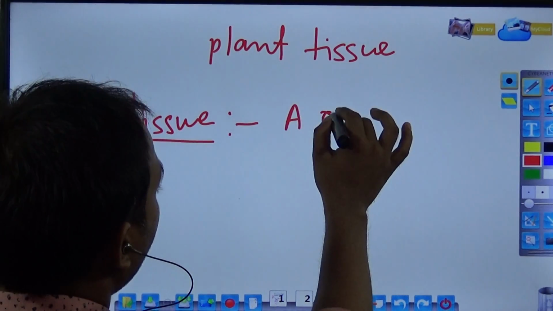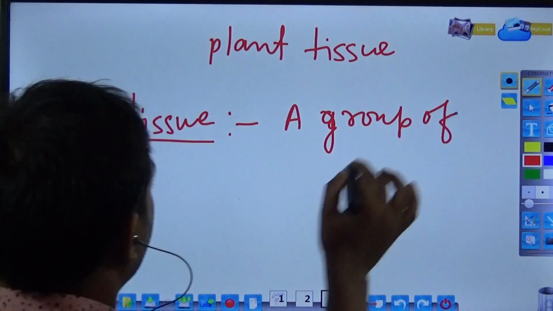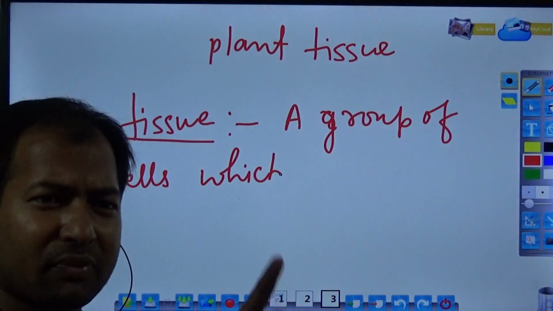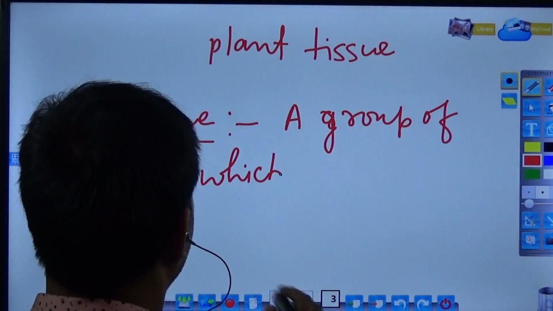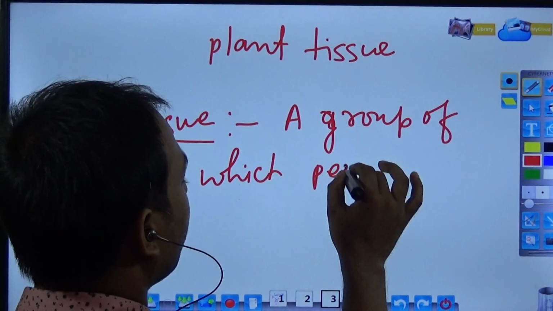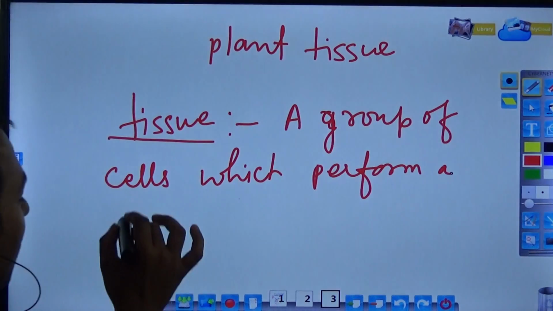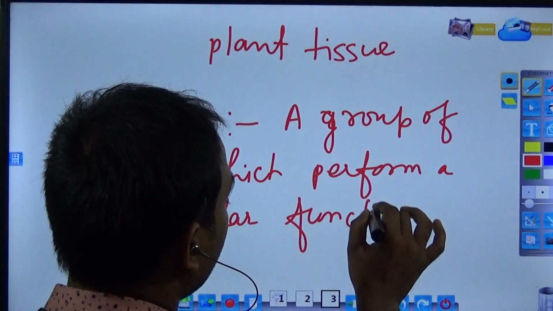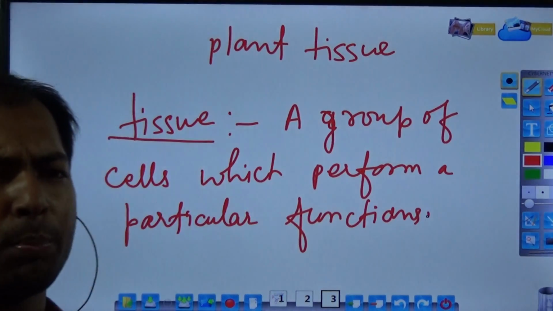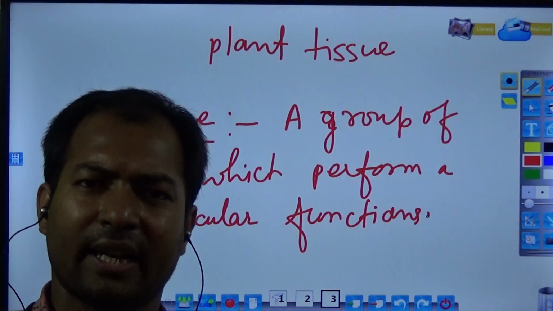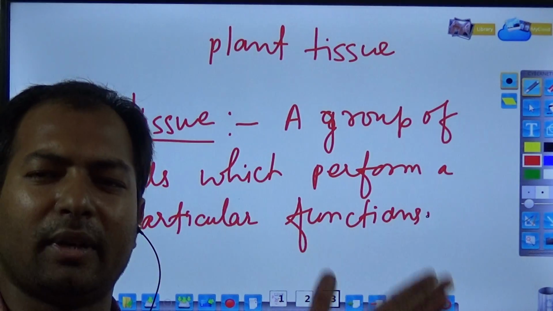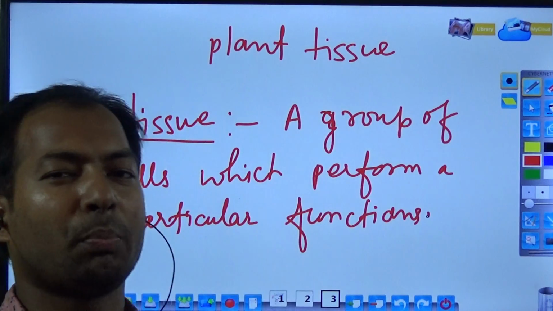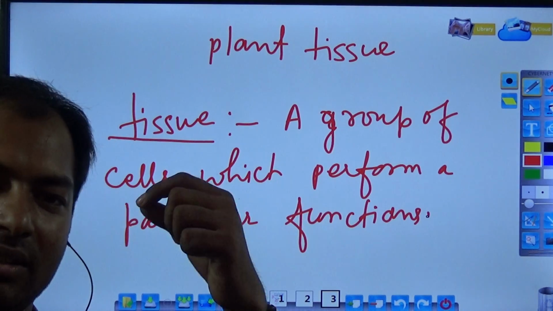A group of cells which perform a particular function. Not a group of different types of cells. A group of cells means a group of similar cells which perform a particular function.